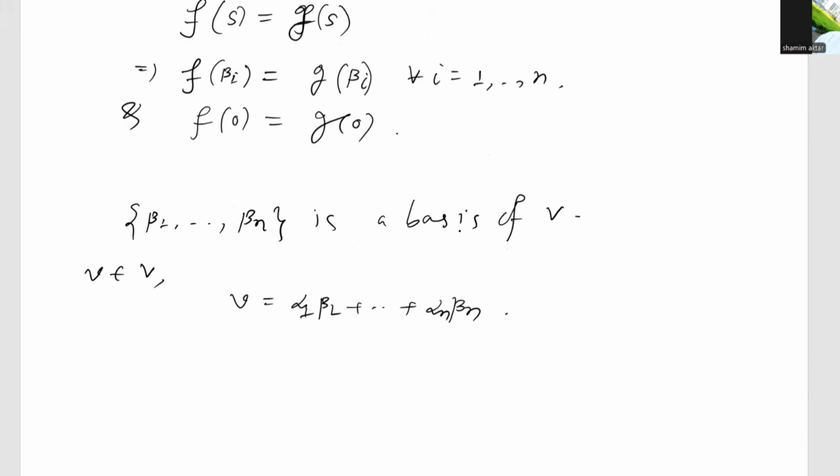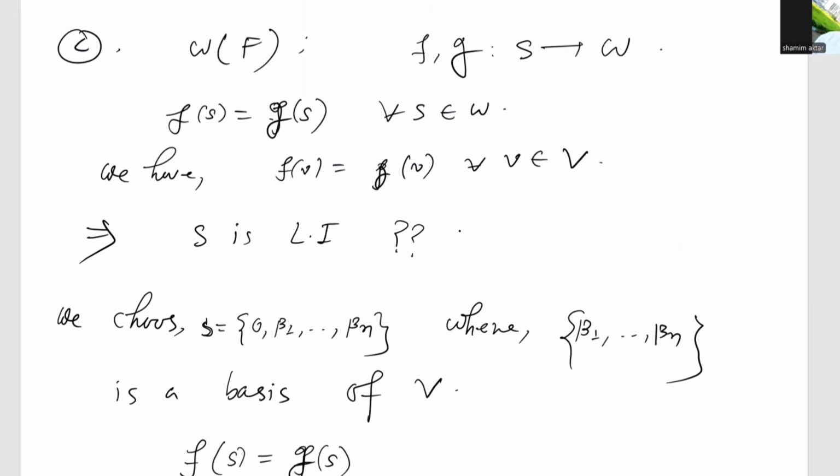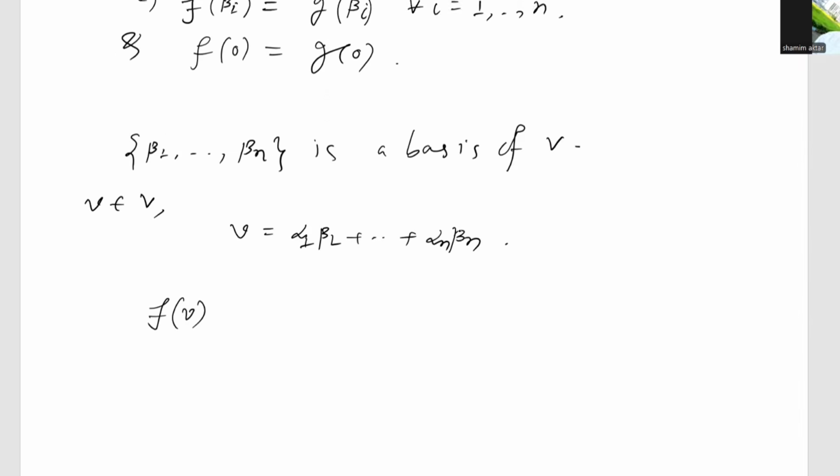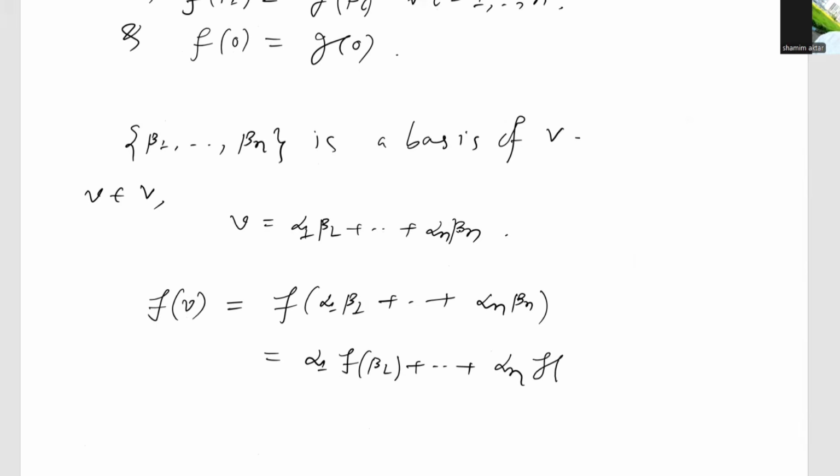Now f of v, and here given f and g are linear maps. So f of v is equal to f of alpha 1 beta 1 plus dot dot plus alpha n beta n, that is equal to, by linear property of f, alpha 1 f of beta 1 plus dot dot plus alpha n f of beta n.